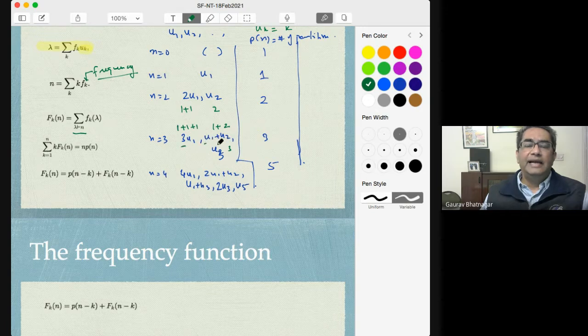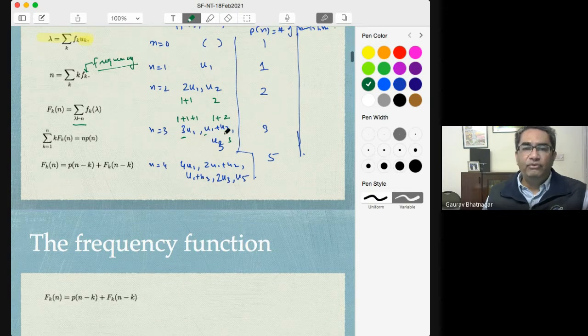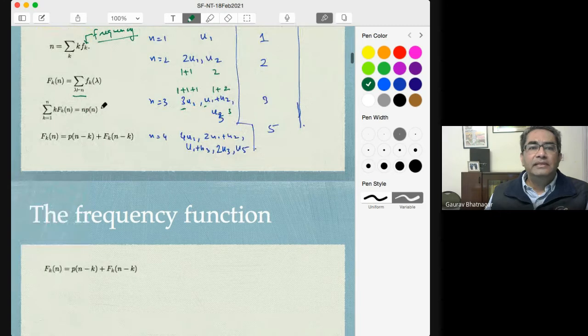These two things add up to the frequency in 3. And you can do f2 and f3 and so on. And it's clear that if you multiply this by k and then sum over all the lambda, all the k, then you will get n times Pn. So n comes from each guy, and then Pn comes from the sum over all the lambdas. So this is clear. This is also clear.